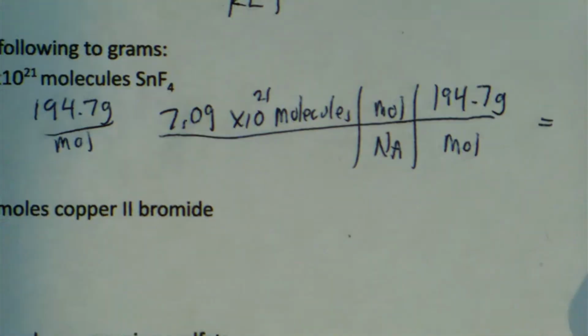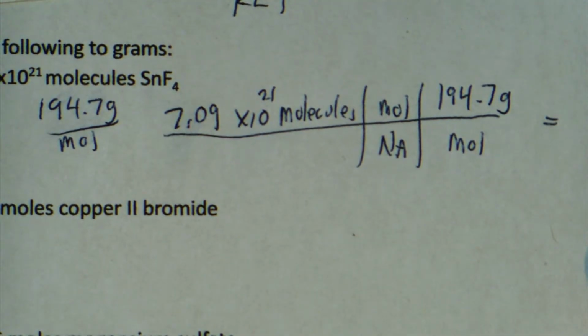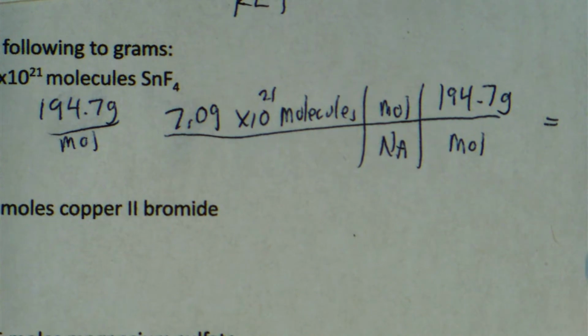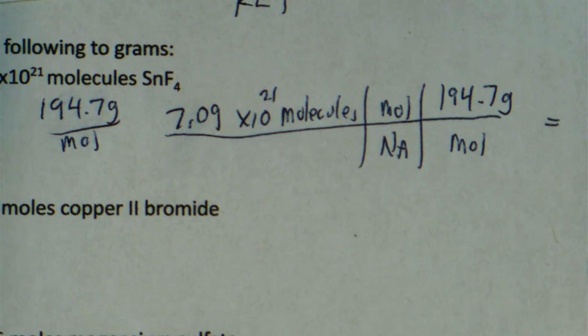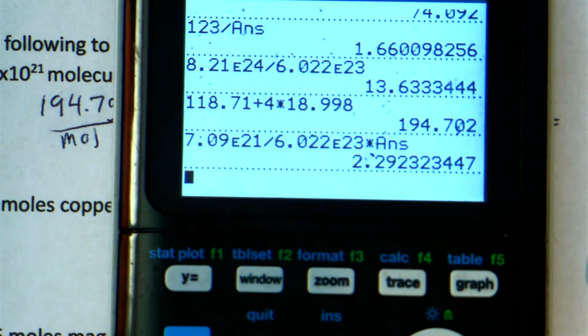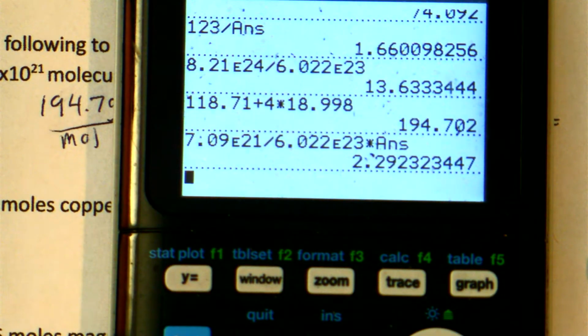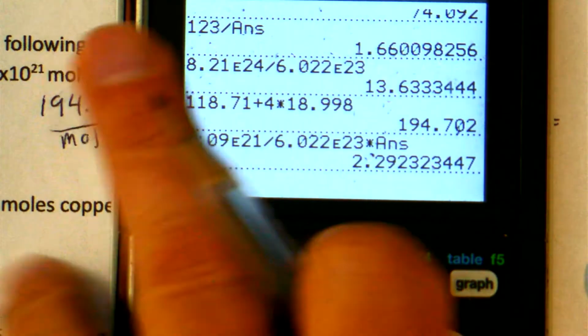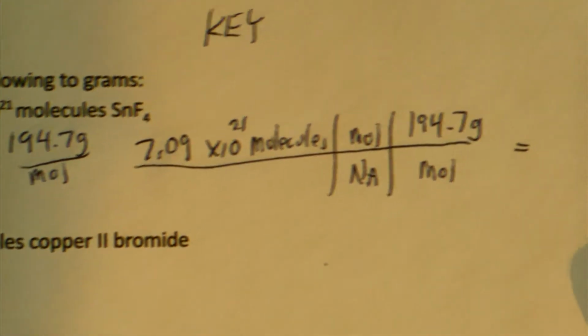So 7.09 times 10 to the 21st power divided by 6.022 times 10 to the 23rd power times the answer still on my calculator display, I get a result of 2.29 grams.